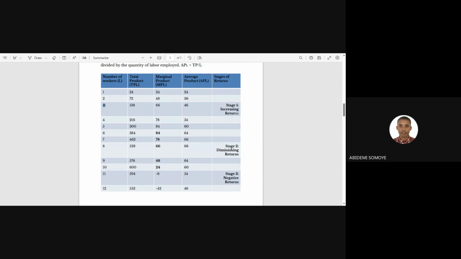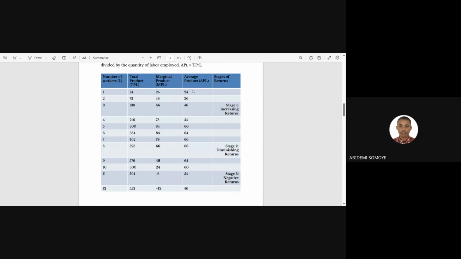If we do the same thing for 5, that's 300 minus 216 divided by 5 minus 4. That's how you get your marginal product.